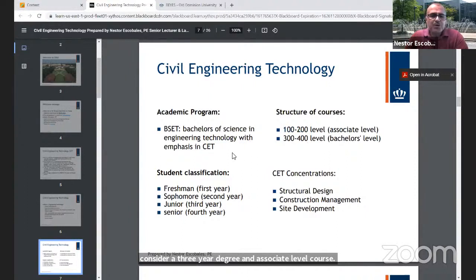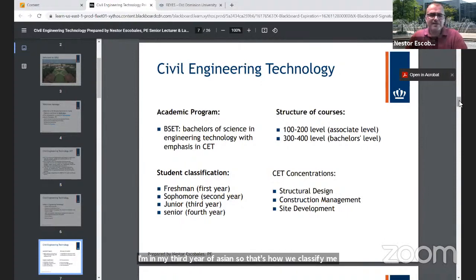In the United States, we would classify the student in the following categories: freshman, sophomore, junior, and senior. Those are first, second, third, and fourth year. That's how you would literally, in a conversation, talk to a student and say, "Hey, what standing are you?" "Well, I'm a junior already. I'm in my 3rd year of education." So that's how it's classified.